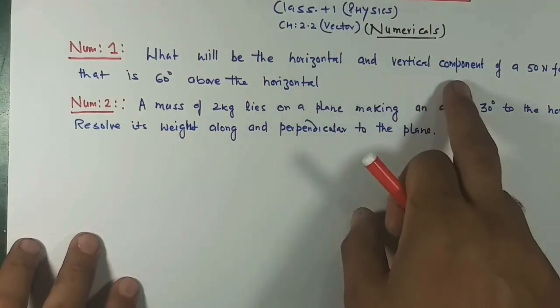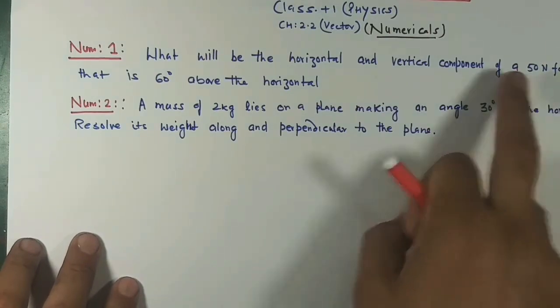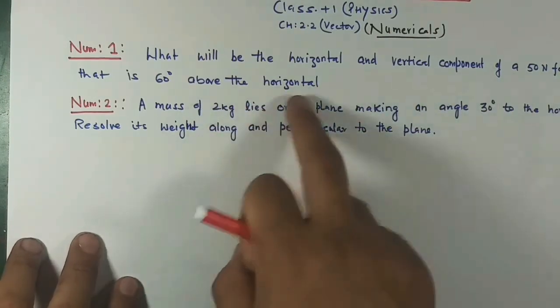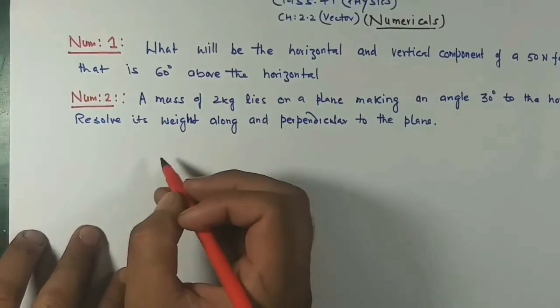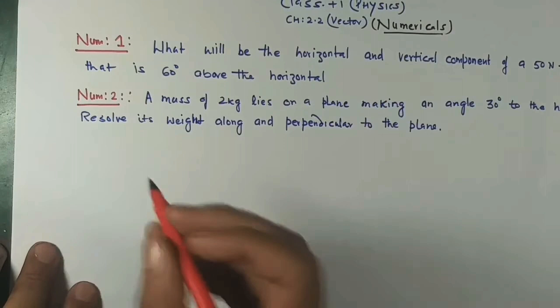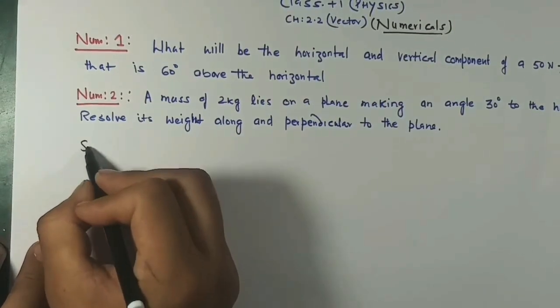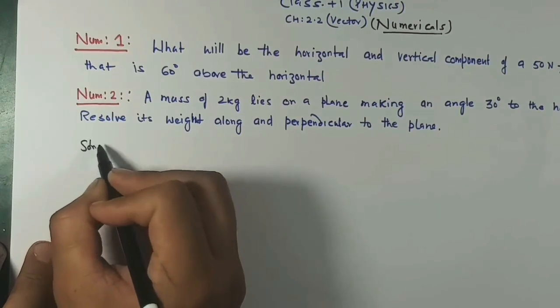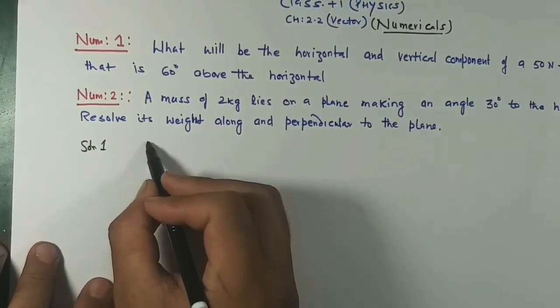We have to find out the horizontal and vertical component of a force 50 Newton that is 60 degree above the horizontal. It is like this. This is a solution for first numerical. It is like this.